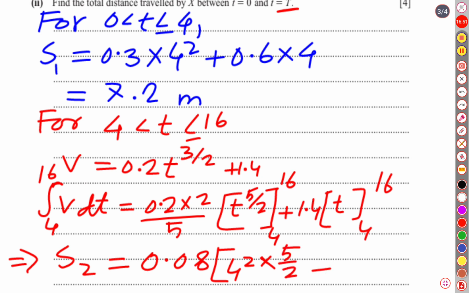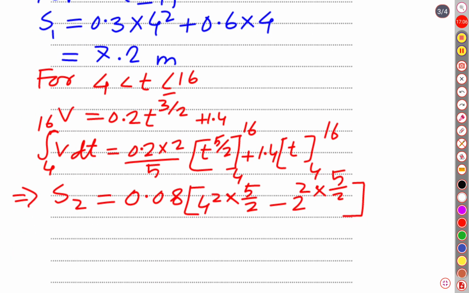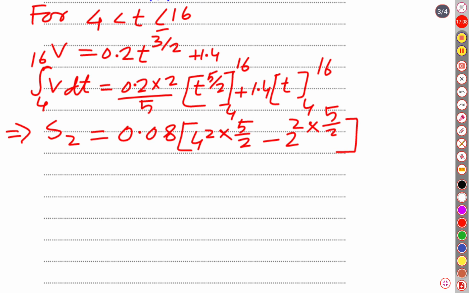Minus, the lower limit is 4. 4 can be written as 2 squared, so 2 squared to the power 5 over 2. Then for the second quantity, it is 1.4 into t.